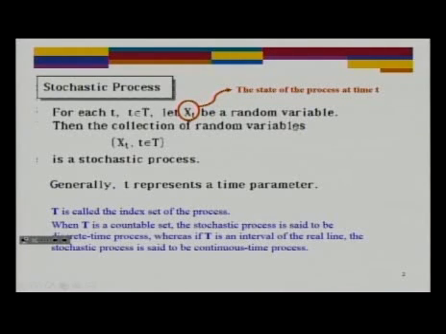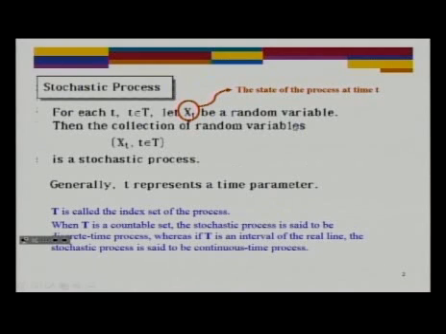So for each t, X(t) is a random variable. And the index t here is often interpreted as time. As a result, we refer to X(t) as the state of the process at a certain time t.